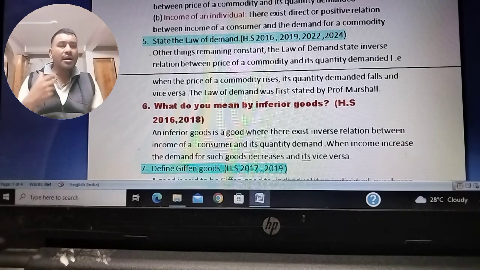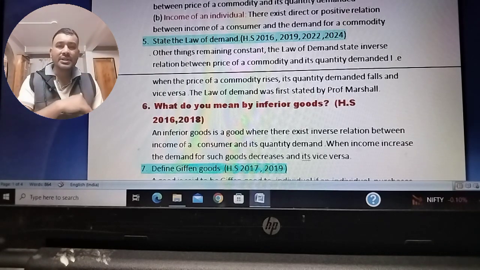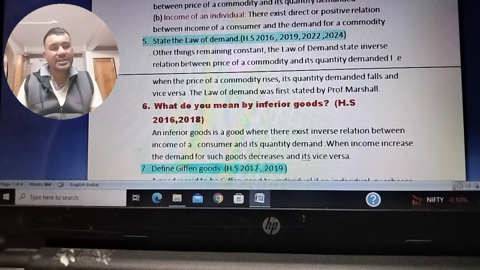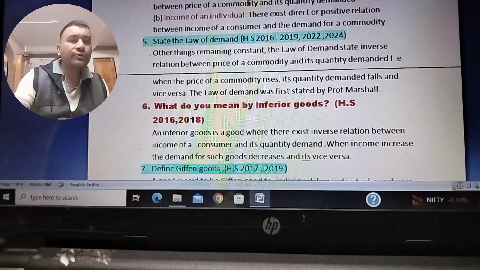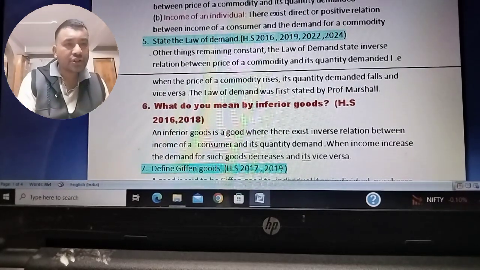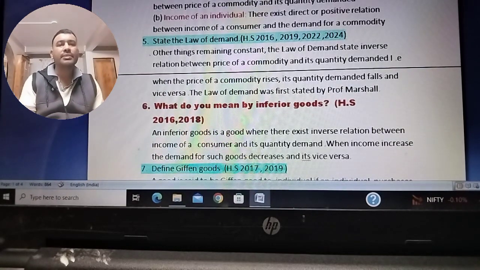It means when price of a commodity increases, its quantity demanded decreases, and when price decreases, quantity demanded increases. This law was first stated by Professor Marshall, and is also known as the Marshallian law of demand.